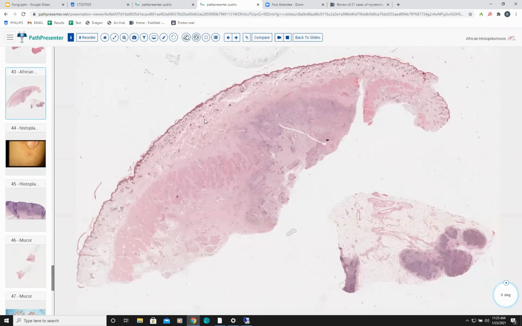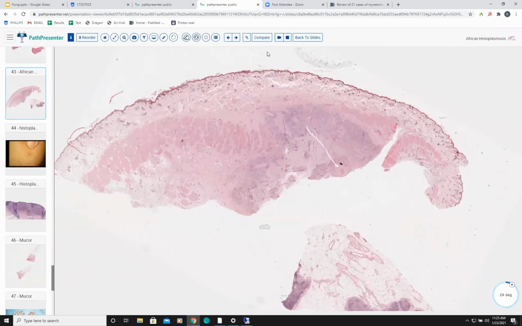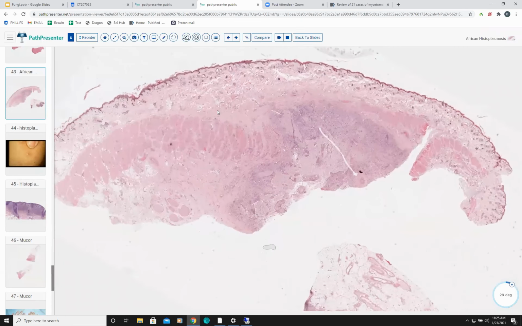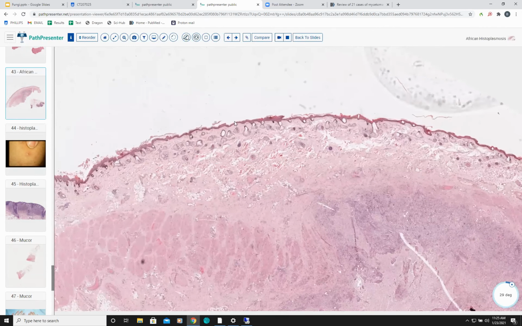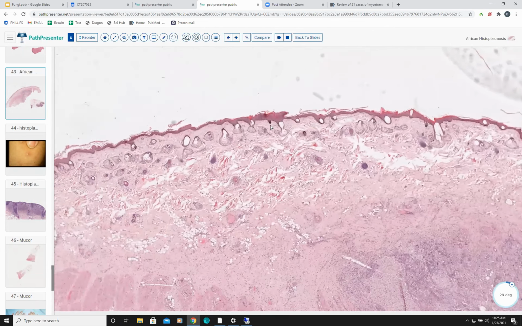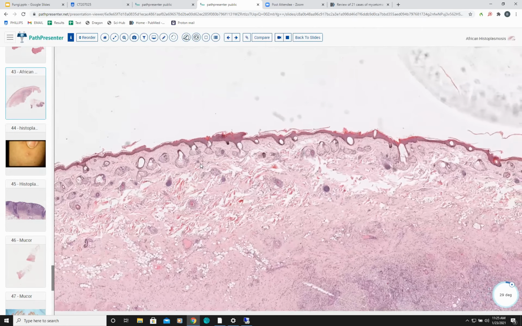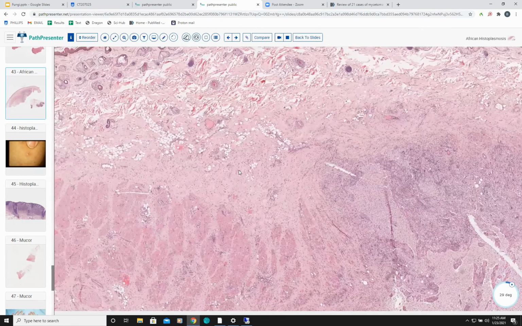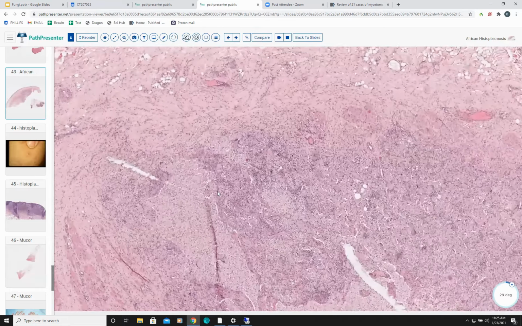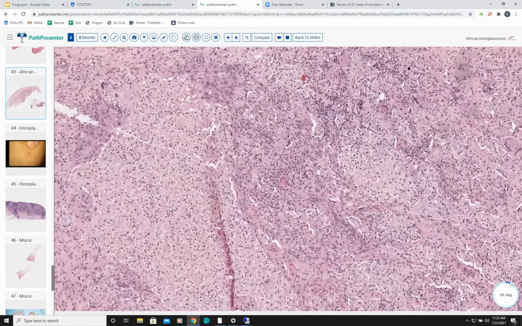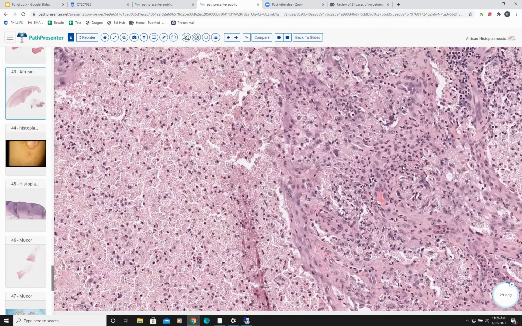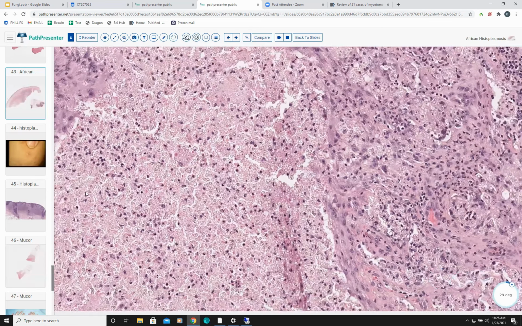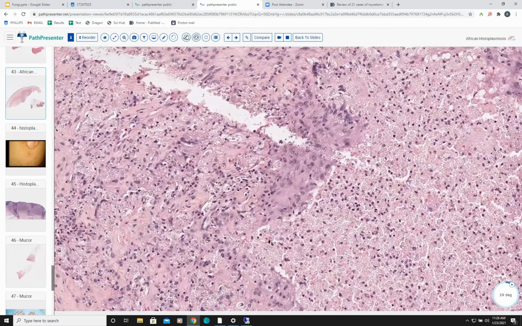Okay, last of this group is histoplasma. And here you have, looks like on the face somewhere, epidermal change minimal, sebaceous glands, and then something going on here in the dermis, which is a dense infiltrate with neutrophils, histiocytes, and many of these small organisms.